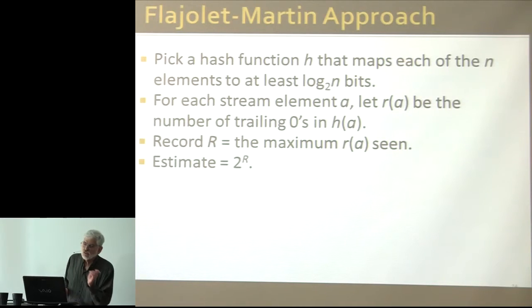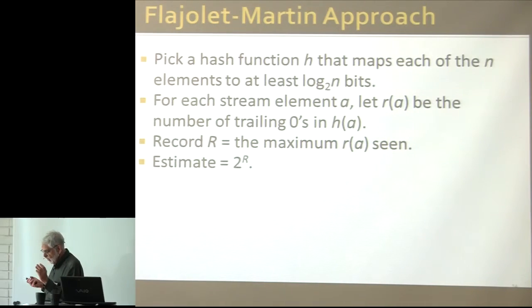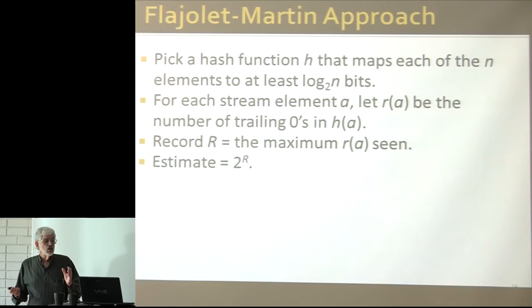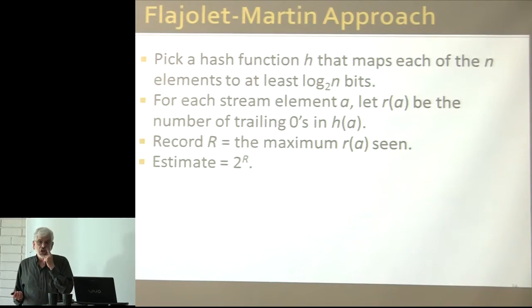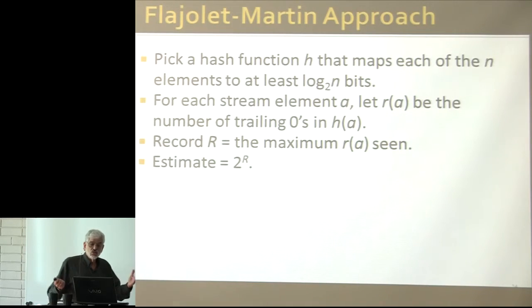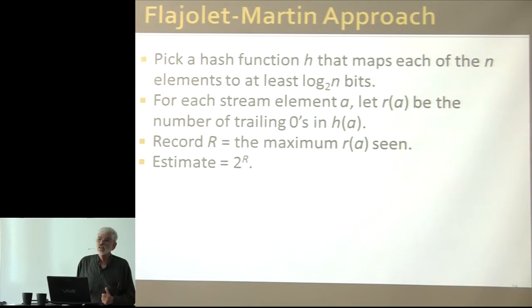Intuitively, if I see 2 to the capital R things, then it's probable that one of those things will have a tail as long as the logarithm of the number of things I've seen.